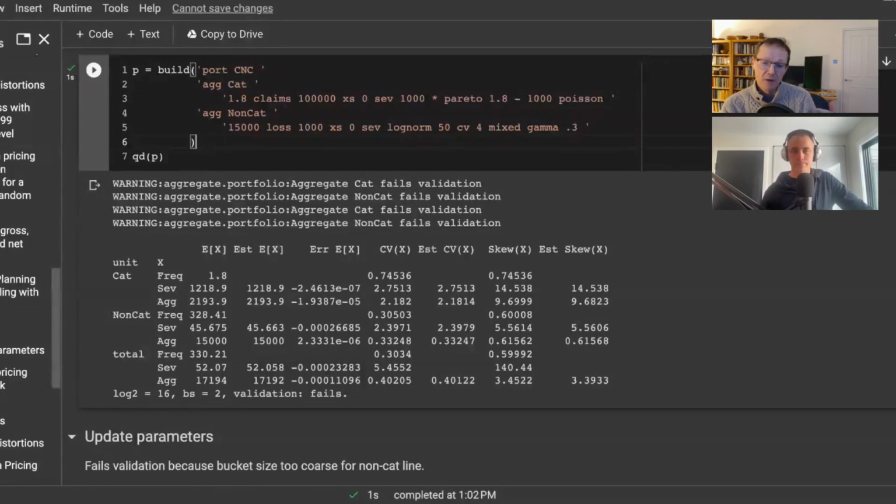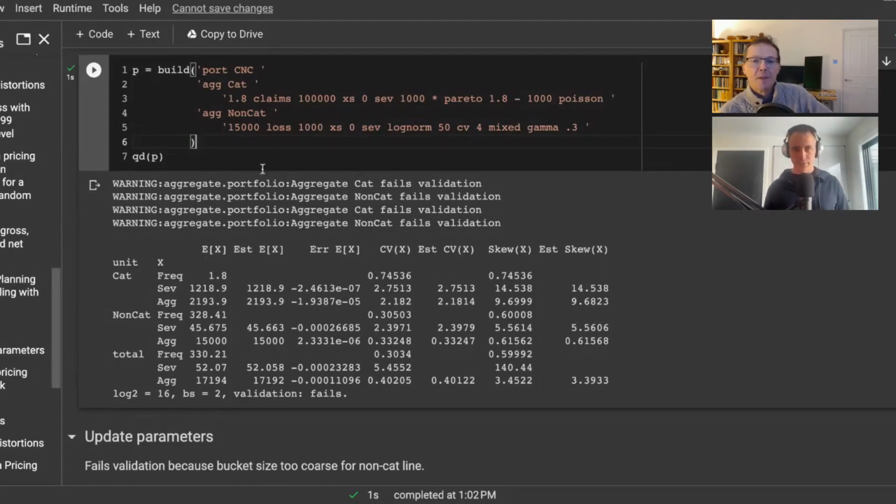We came up with the idea of calling them units as a generic catch-all for whatever division you want. So we're thinking here that there's a portfolio, typically the whole company, and it writes two things. It writes some cat business in the cat unit, and some non-cat business in the non-cat unit. Those are the two pieces.